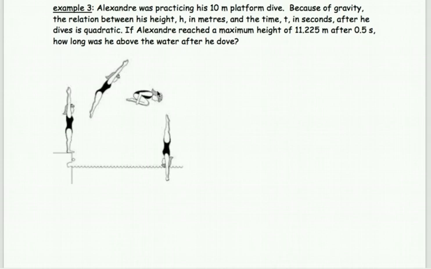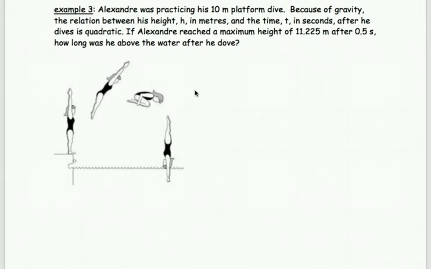This jump is in a quadratic shape. The maximum height this person gets is 11.225 meters, and that's after 0.5 seconds. Your goal is to figure out how long this whole dive takes.